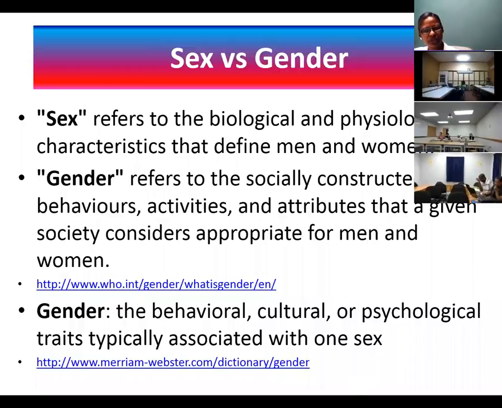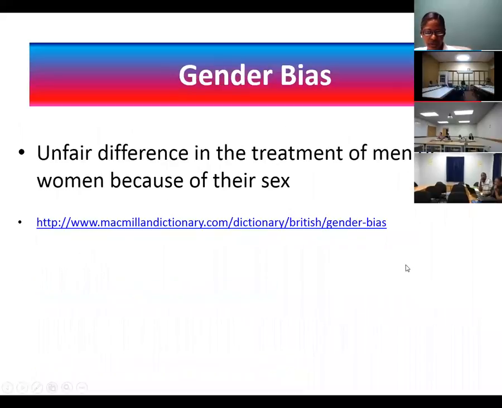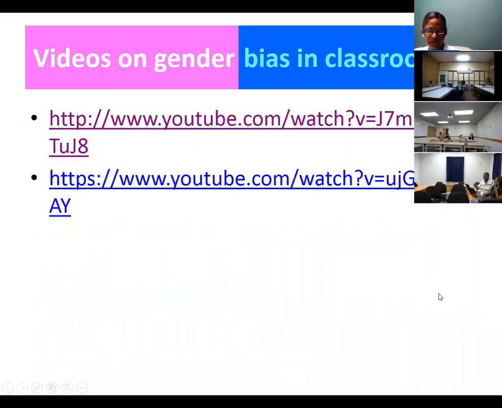So it's really talking about social and cultural factors that can help to form what men and women will do. Gender bias then is an unfair treatment of either men or women as a result of those same differences. So it says unfair difference in the treatment of men or women because of their sex.